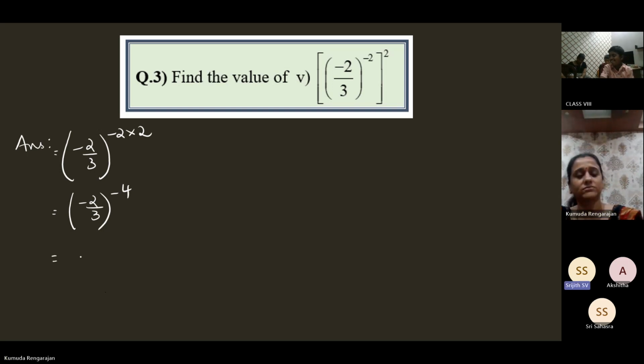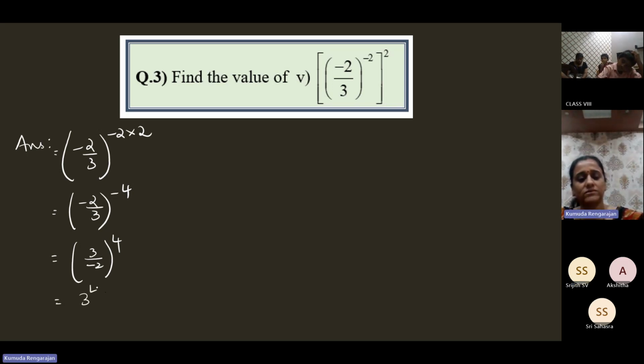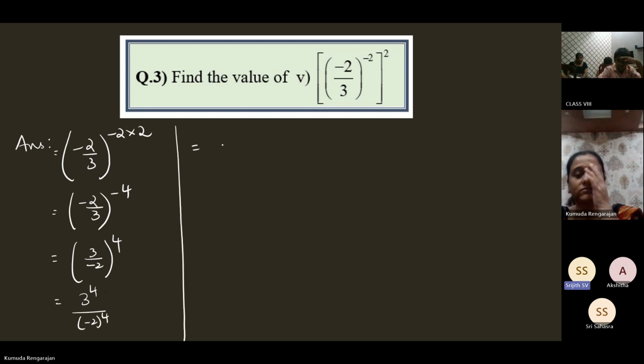Equals 3 by -2 power 4, ma'am. Very good. And then 3 power 4 and -2 power 4. And next 3 into 3 into 3 into 3.